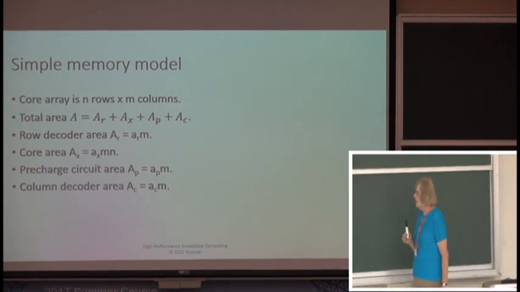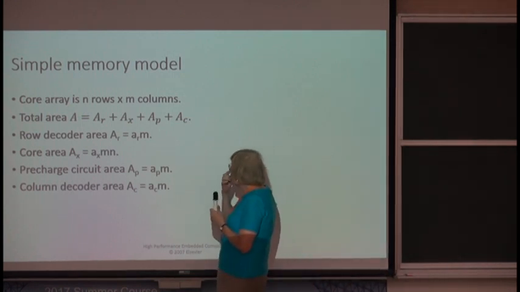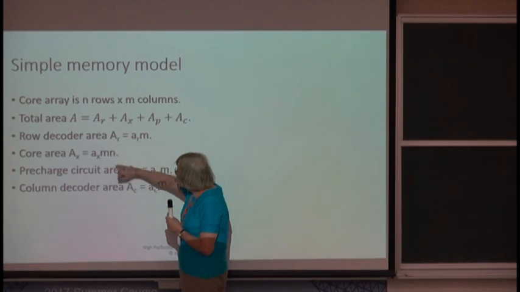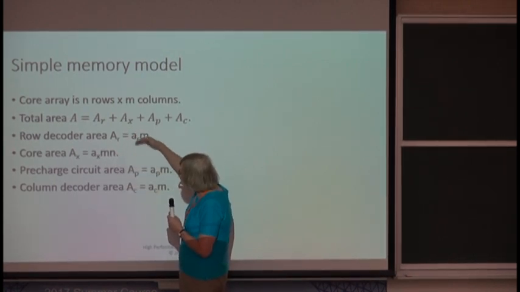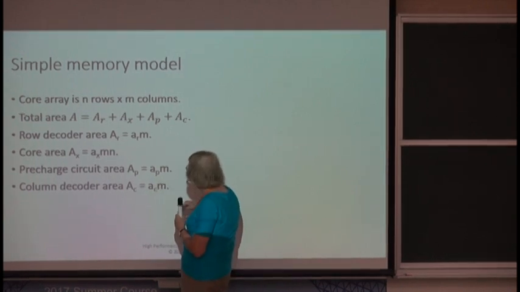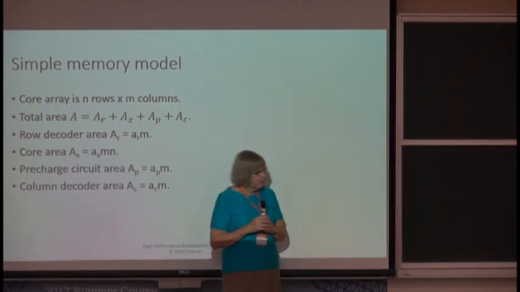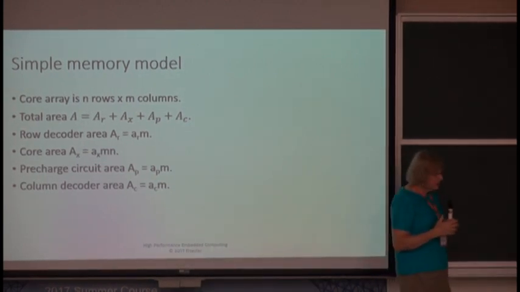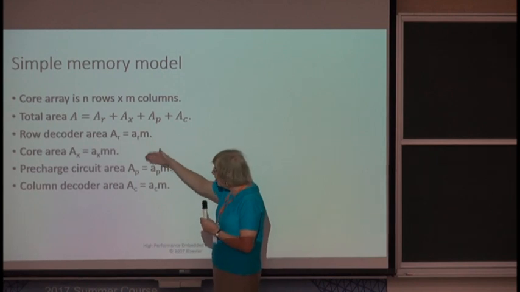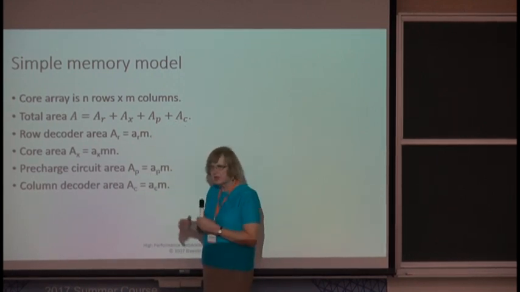So we can compute the total area of the memory array based on the core, the row logic, the pre-charge logic on the columns, and then the column decoder logic down here. Given that we know the size of a cell, row, pre-charge and column, and we know the number of rows and columns, we can figure out the area.